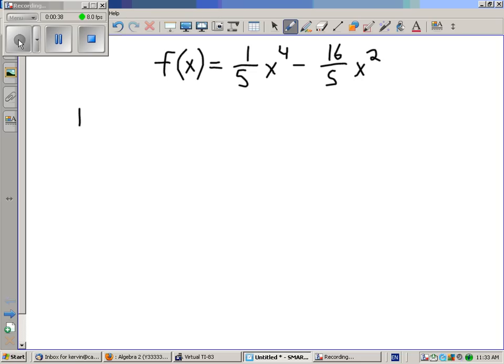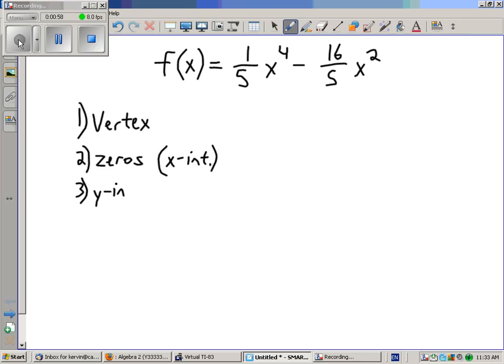Remember, the highlights that we're looking for is, first of all, we want to find the vertex if it's a parabola. Second, we need to find the zeros, aka x-intercepts. We also want to find the y-intercept. We want to take a gander at what the end behavior is so we can determine what's going to happen on either side of our graph.